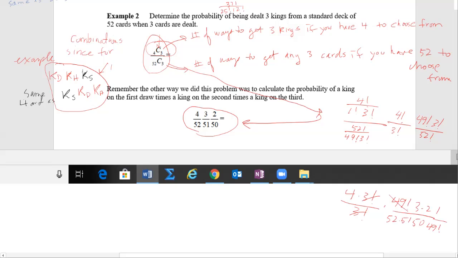So you see that 49 factorial disappear, and then you see we have a 4, 3, 2, and a 52, 51, 50. Same as this number here. So that's kind of neat that you can see that happen. Okay, so anyway, let's continue. Our next page here.